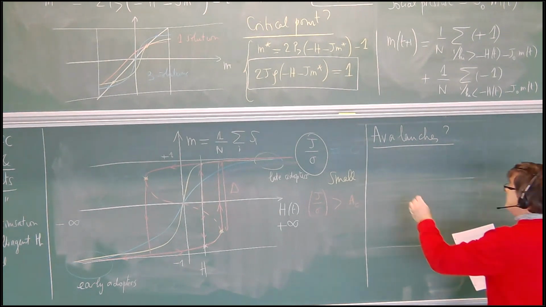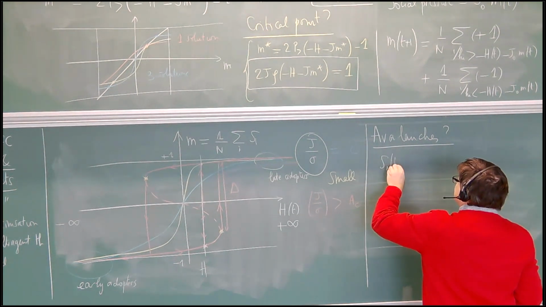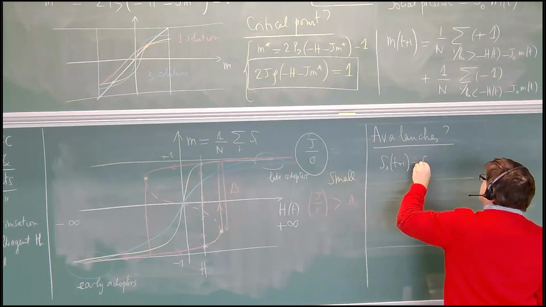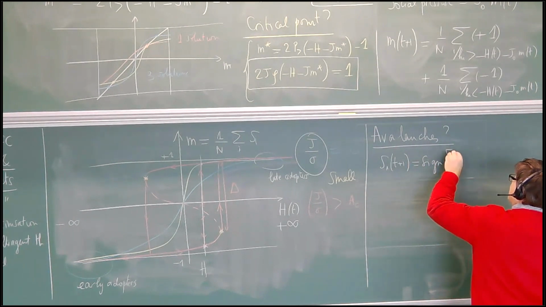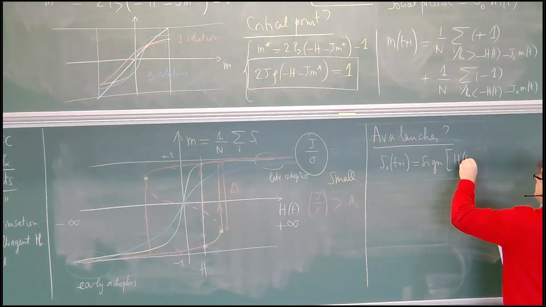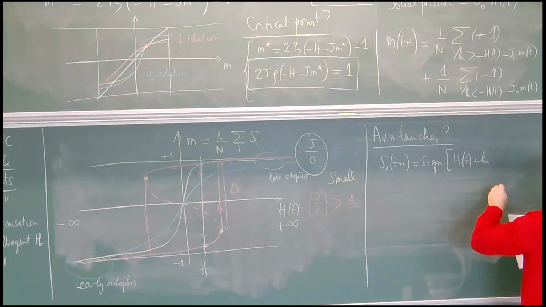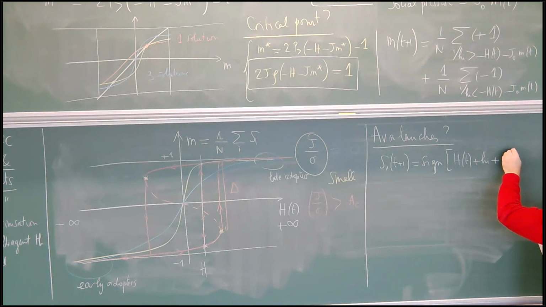So again, let me write the equation that I need. S_i of t plus 1 is the sign of h(t) plus h_i plus, in the general case, the sum over j of J_0 M of t. Can you still see what I'm writing?